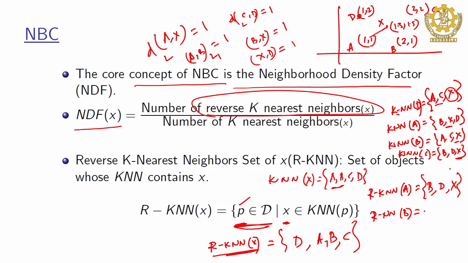B is appearing here. So, obviously, X will be there, and B is appearing in C and A, got it.